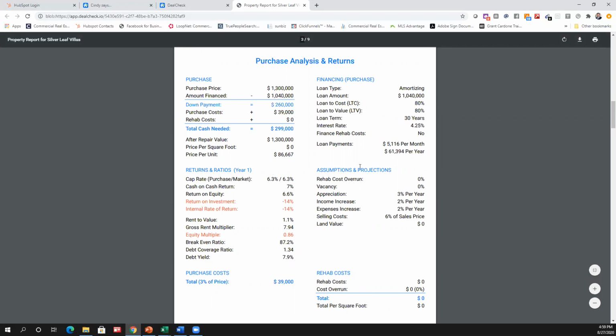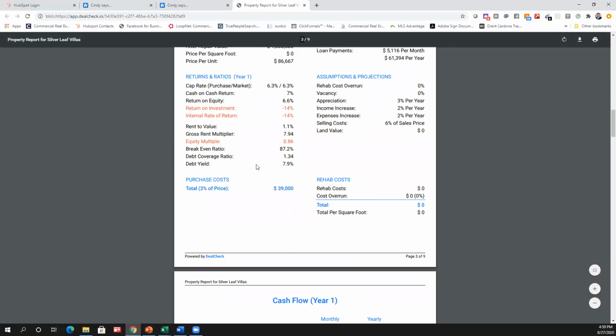Okay. The debt coverage ratio. So another metric banks are going to look at is a debt service coverage ratio. And I talked to a banker today. He said they're looking at 1.25 and up.